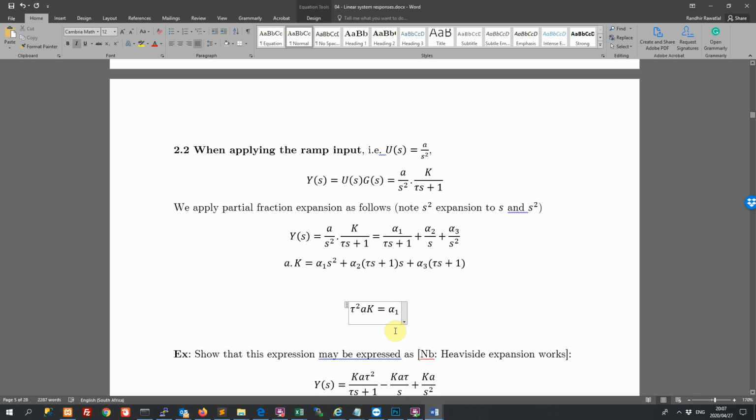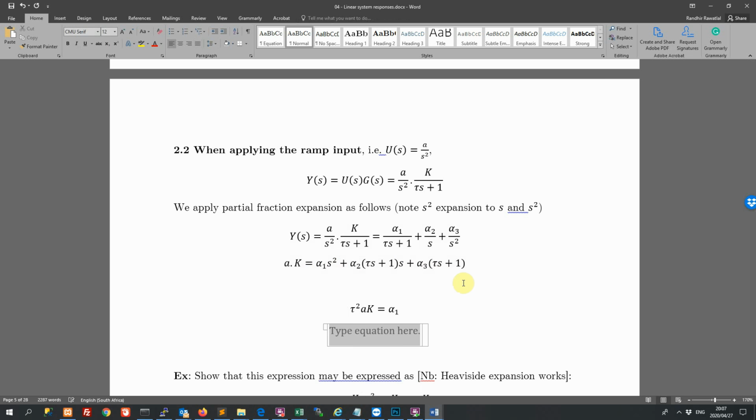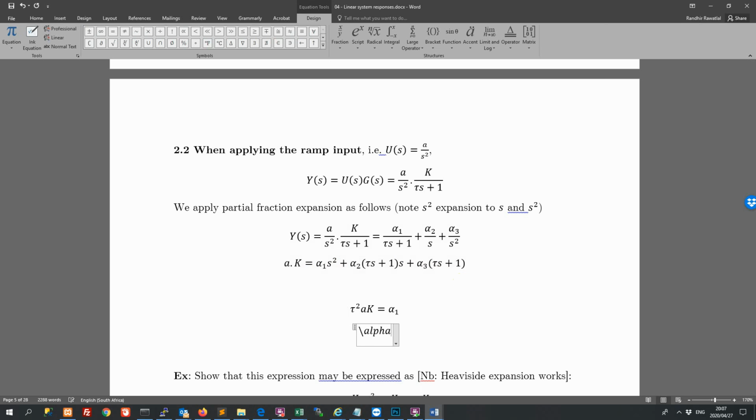Then for alpha 3, if you take s equals 0, then quite simply you'll get alpha 3 equals, so applying 0, you can see s equals 0 here will make this thing 0, and s equals 0 here makes that 0, leaving us with simply tau.